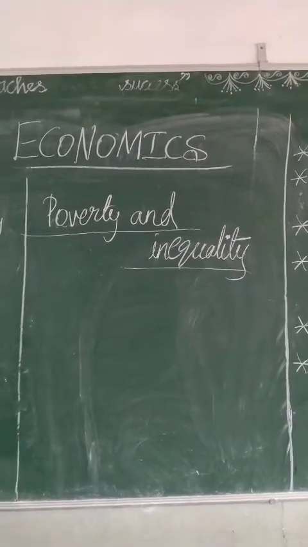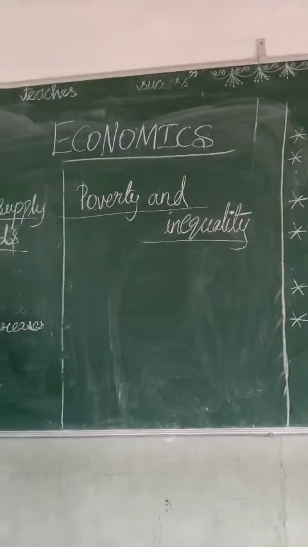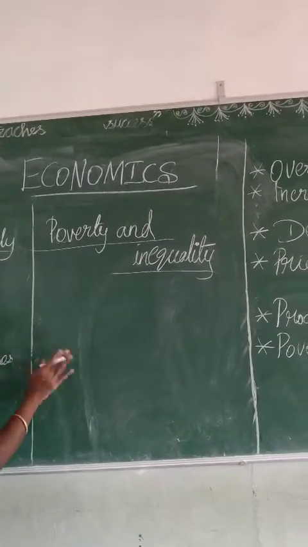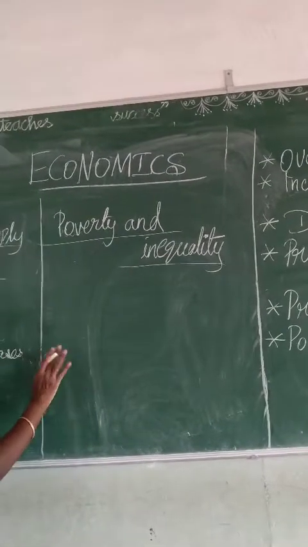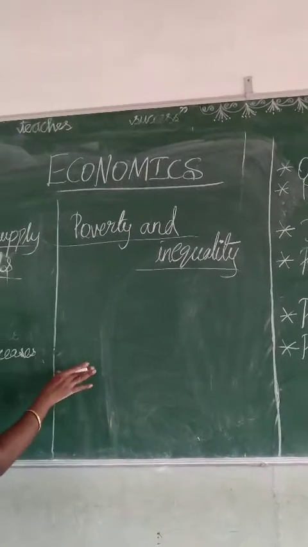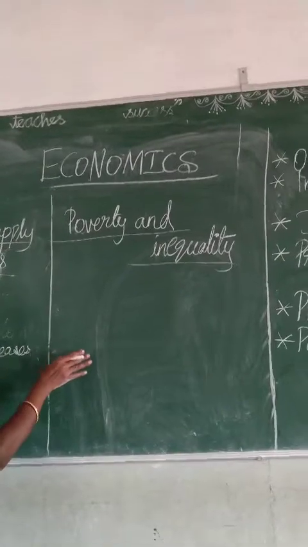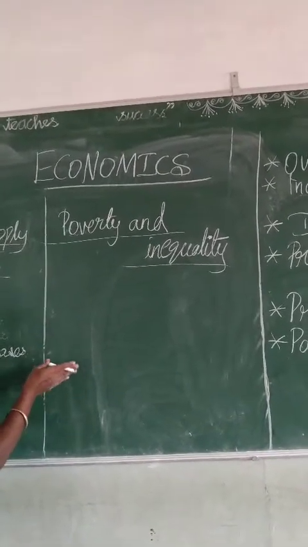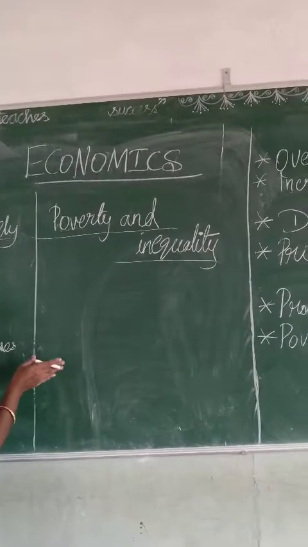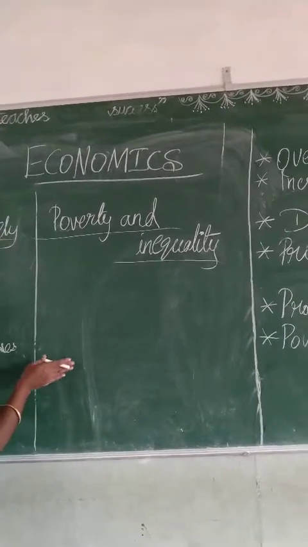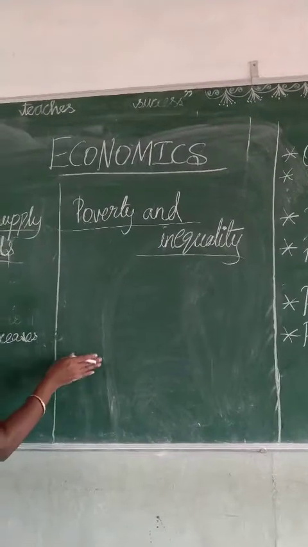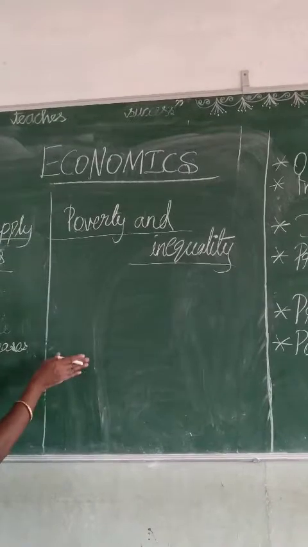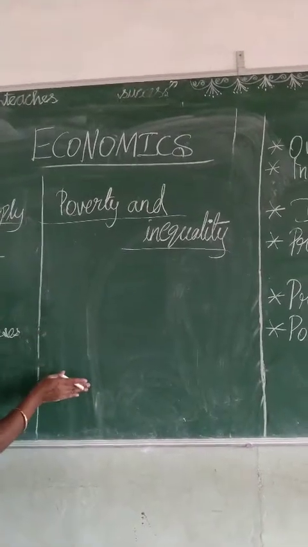Poverty and inequality. Students, the vicious circle of poverty operates on both sides, the demand side and the supply side. On the supply side, a low level of real income means a low level of saving, which leads to low investment and deficiency of capital. The deficiency of capital in turn leads to a low level of productivity and back to low income.